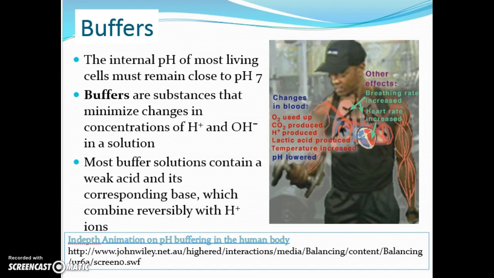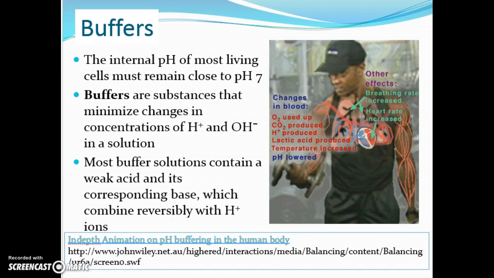And buffers are usually a weak acid and its corresponding base, which actually doesn't really play a role. But the acid part is actually what does give up or take on the hydrogen ions that are either present or missing in the solution, causing it to be either acidic or basic.